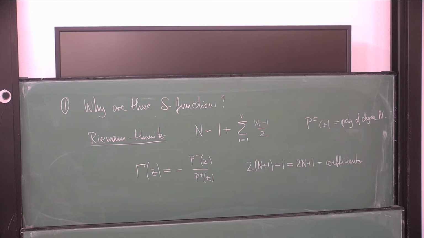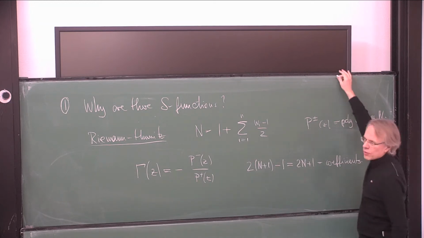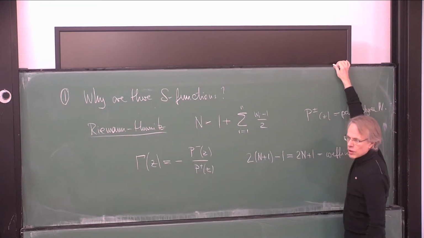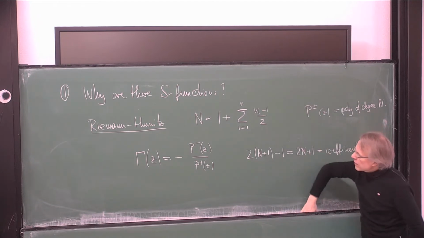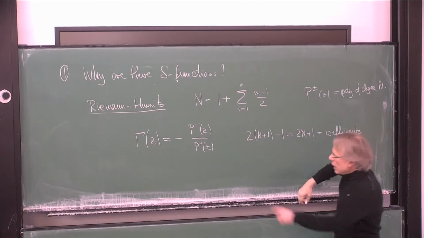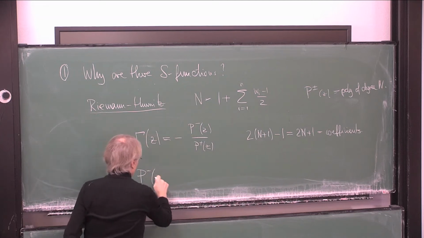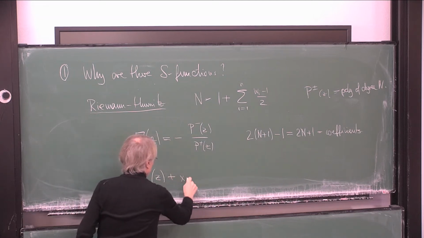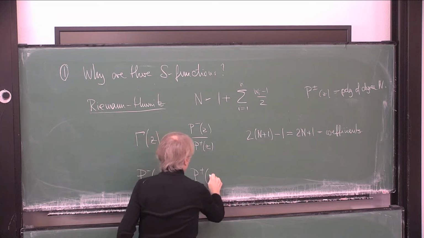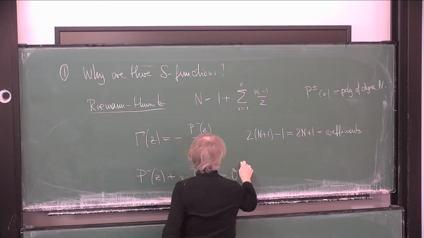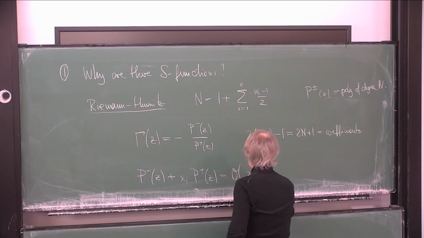On the other hand, I can ask how many equations I have to satisfy for this to be a covering map. And when is this a covering map? In writing it in this fashion, I can say the covering map condition is that p minus of z plus xi of p plus of z is equal to order z minus zi to the wi.